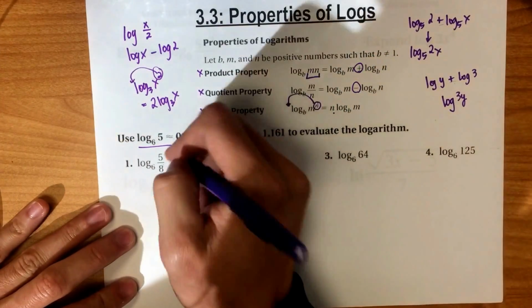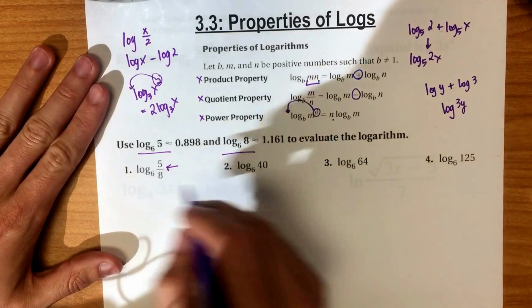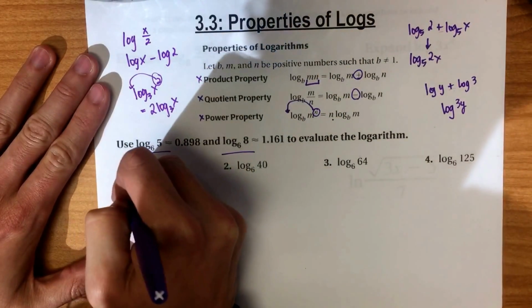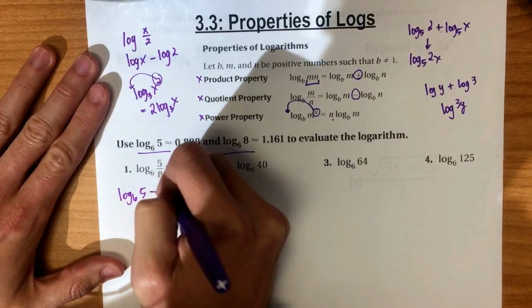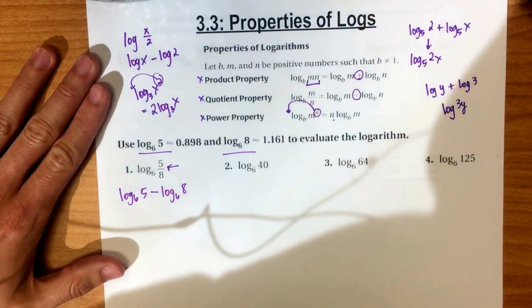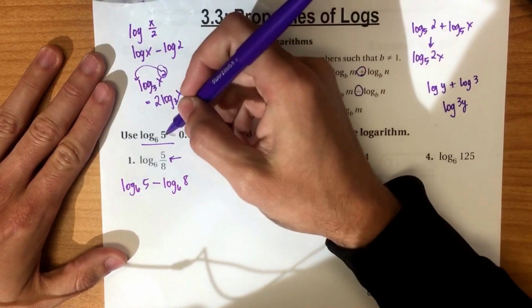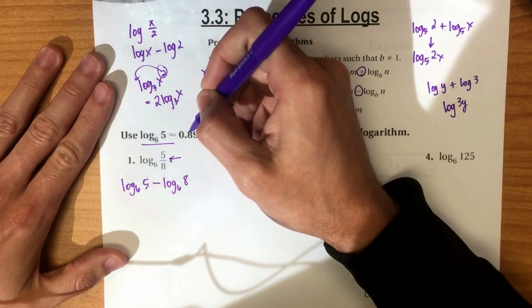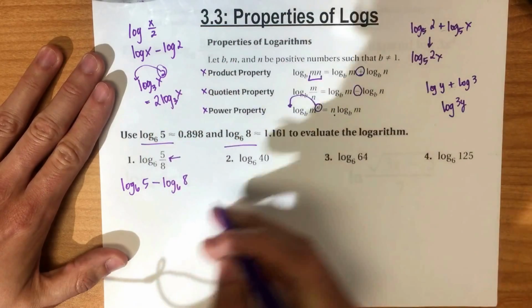So for example, since the 5 and the 8 here are divided, what we're going to do is break this into log base 6 of the numerator, which is 5, minus log base 6 of the denominator, which is 8. So why do we do that? Well, I have a number for log base 6 of 5. It's 0.898. So I'm going to take that decimal and plug it in here instead.